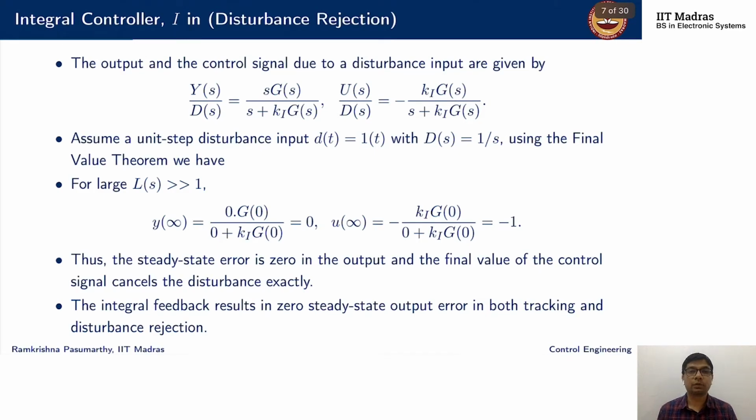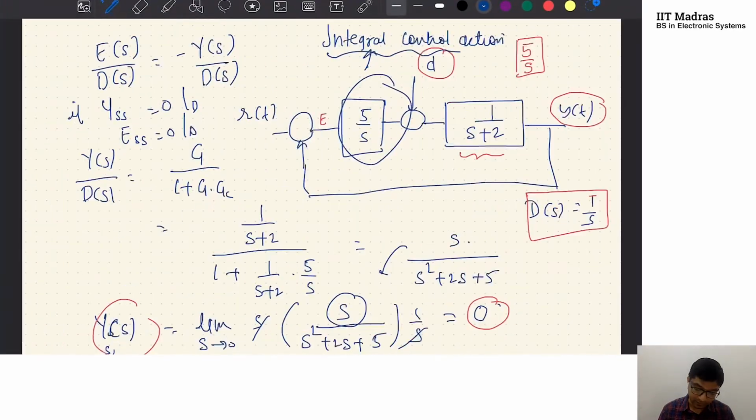Okay, so the effect of disturbance. This we saw in the previous lecture, that y at infinity because of disturbance becomes 0, precisely what we were trying to do here. This is my y at infinity.